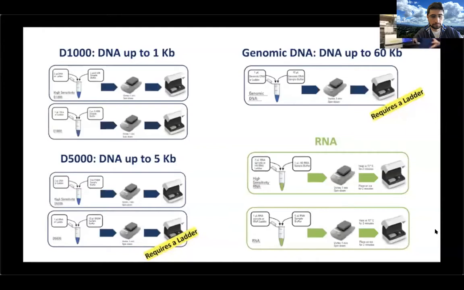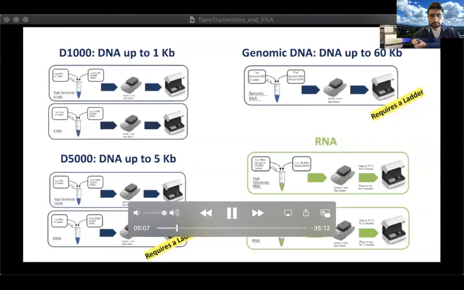Okay, so I was talking about the D5000. D5000 comes in a regular sensitivity and high sensitivity as well. And we usually use this to check for cDNA amplification. So sometimes when you are performing RNA library preparation, the first step, instead of doing fragmentation, you do reverse transcription of the entire full-length transcript.